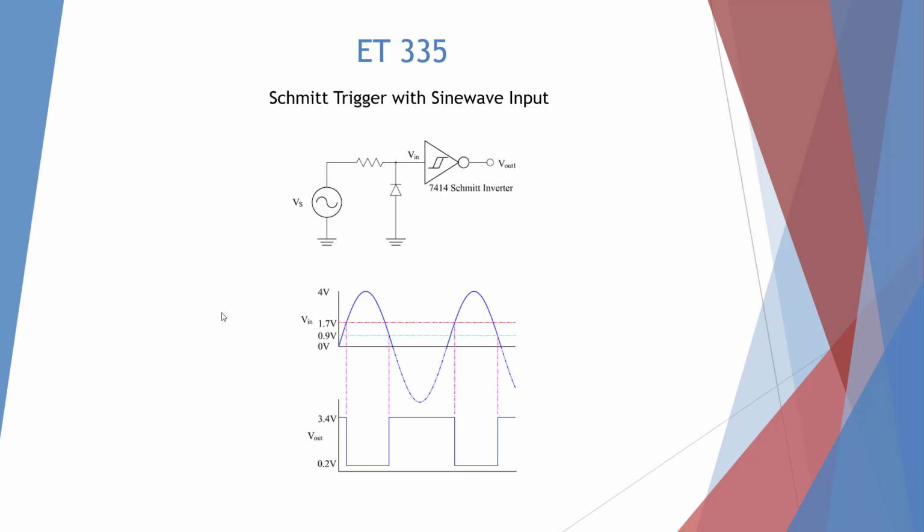Here I'm showing a Schmitt trigger with a sine wave input. This device will work with many different types of inputs, and we show the diode here. This prevents it from going minus. TTL devices don't like it when we go to negative voltages.